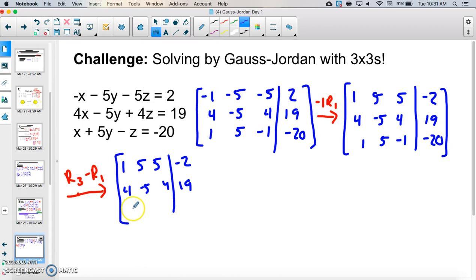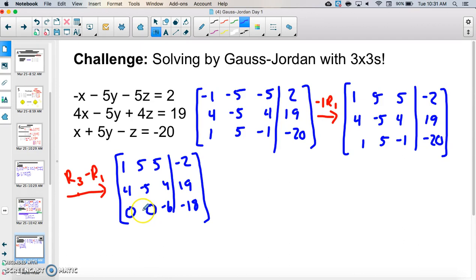So row 3 minus row 1, we get 1 minus 1 is 0, 5 minus 5 is 0, and -1 minus 5 is -6, and -20 minus -2 is -18. Alright, well that helped us with 2 goals.